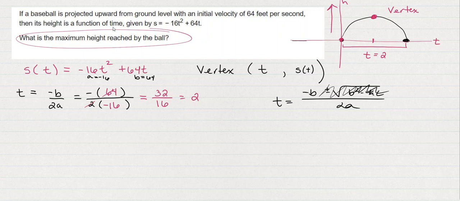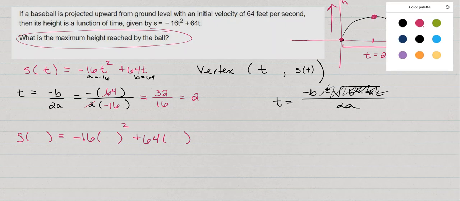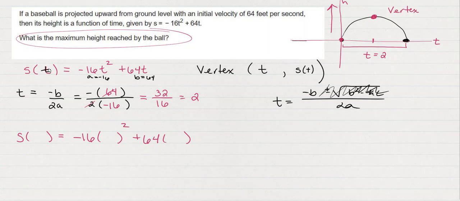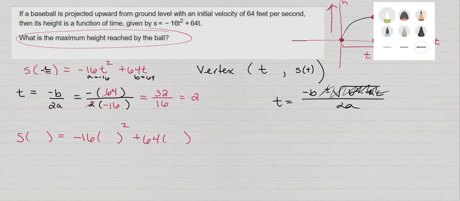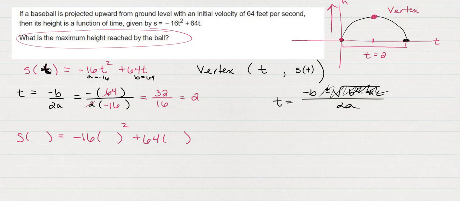So all I need to do now is go back to our function s of t equals negative 16t squared plus 64t, and I'm going to replace the t with 2. Replace the t in each place with 2.